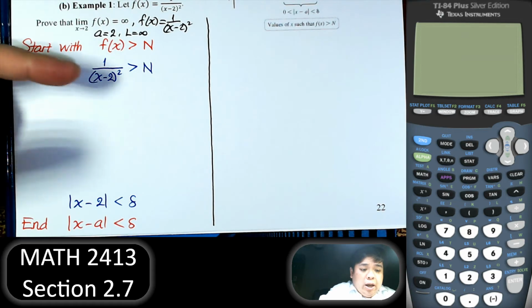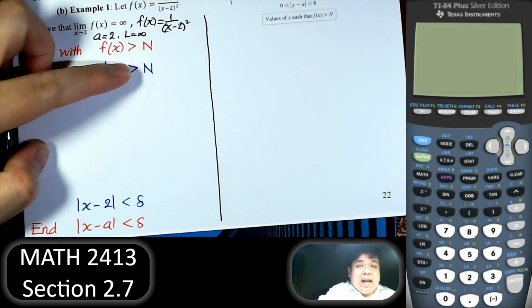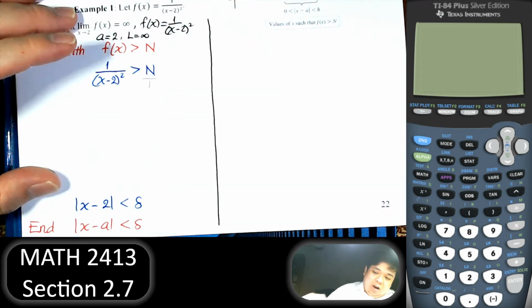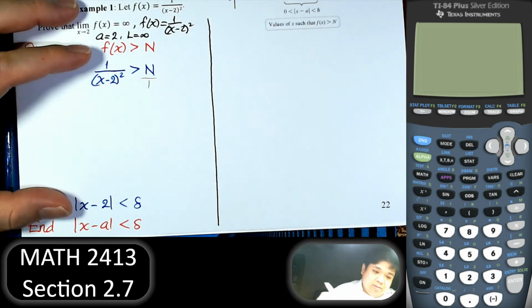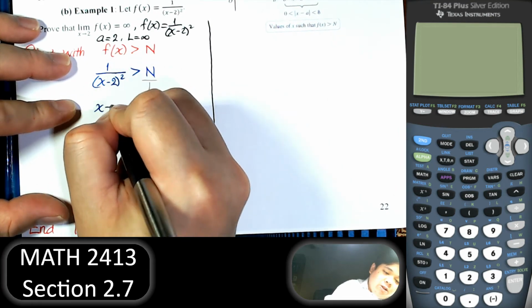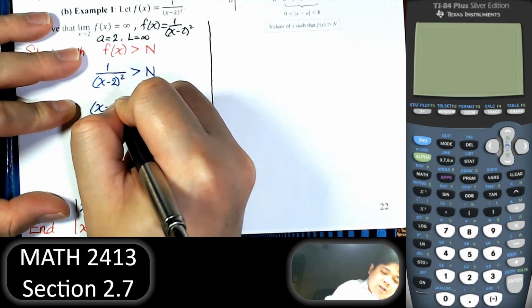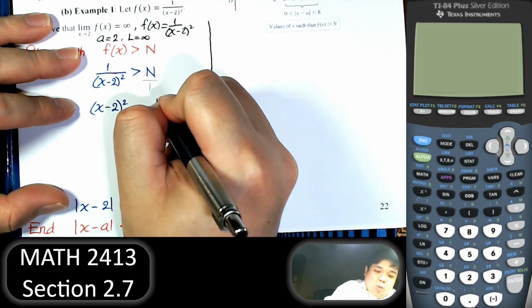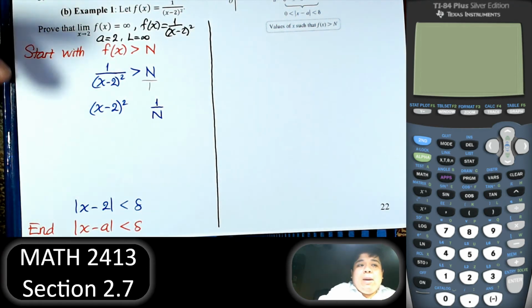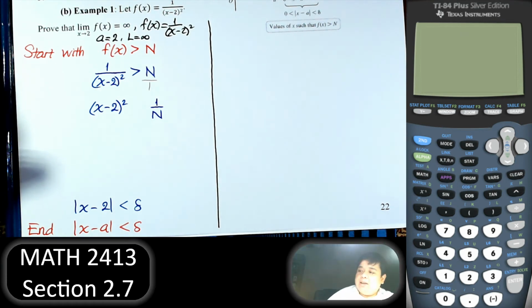First of all, this square being positive and n being positive, we can flip both sides. Flip both sides, we just have (x minus 2) squared, and then we have 1 over n. Now, what happens if we flip inequalities?